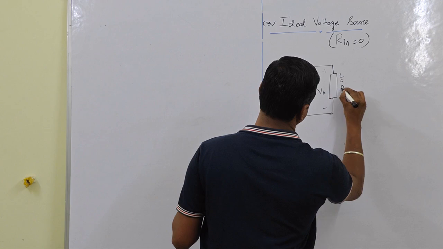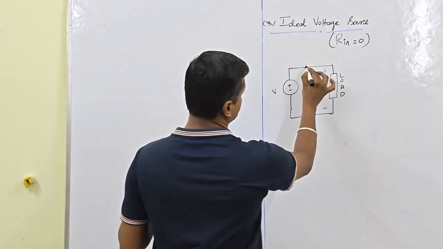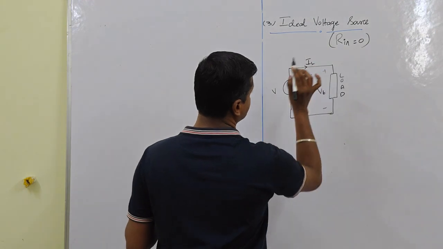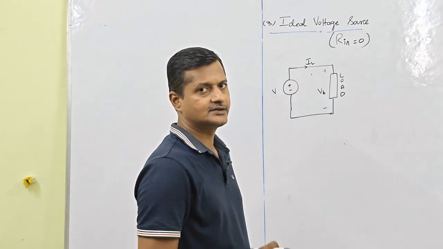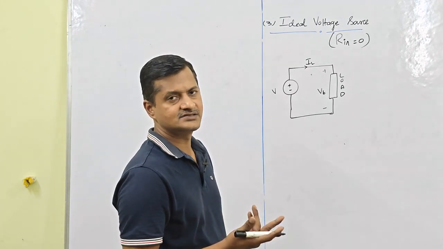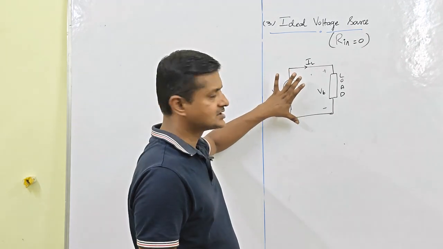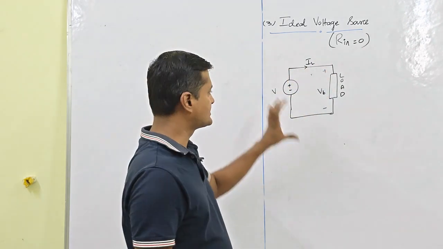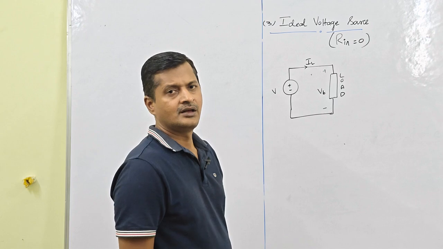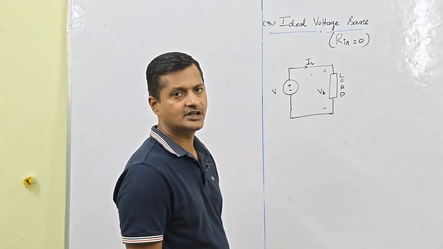Here is a load. The current flowing is IL, the load current. In this case the internal resistance is 0, so there is no internal resistance at all. So the voltage source is connected in parallel with the load. Since both are in parallel, the voltage of the source is the same as the terminal voltage.